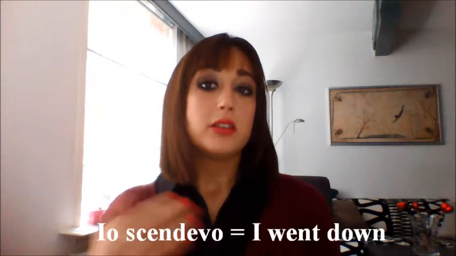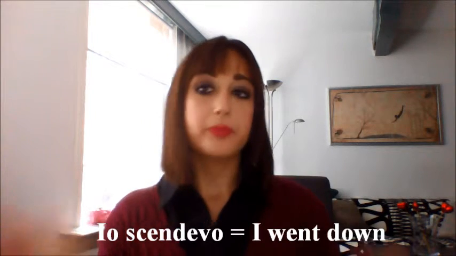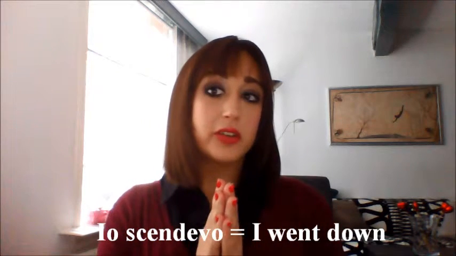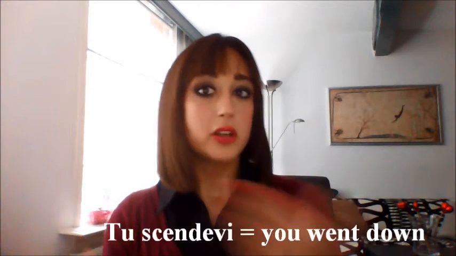What you add for the first person is -evo. So the -avo from the first conjugation becomes -evo in the second conjugation. So the vowel right before the v becomes e for the second conjugation. So "I went down" is io scendevo. For the second person you add -evi, so "you went down" becomes tu scendevi.